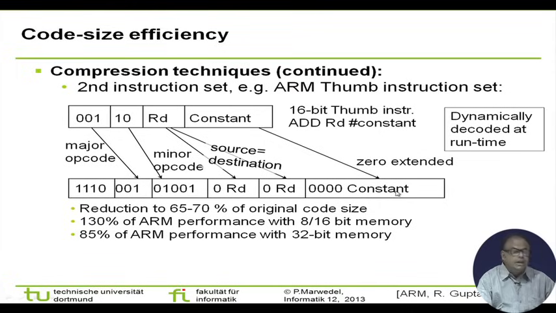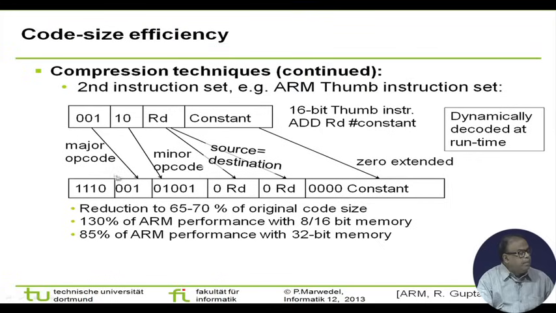So, it has been seen that mostly we can manage with just the major opcode and a smaller minor opcode maybe. Consider this major minor, do not go into the separation, say an opcode.